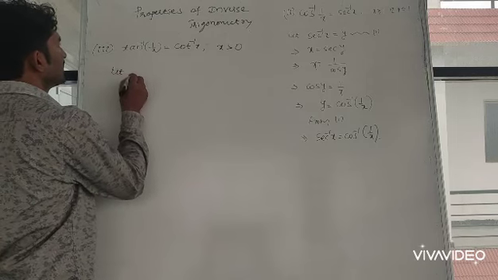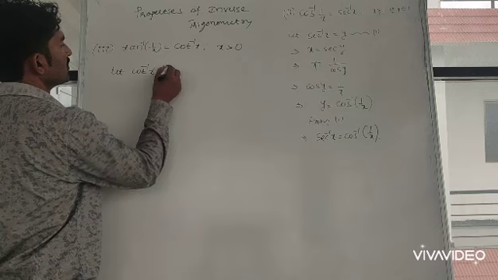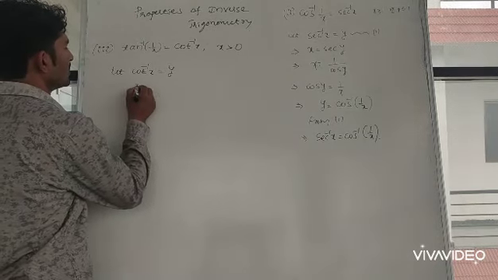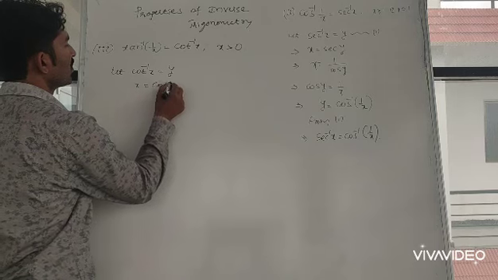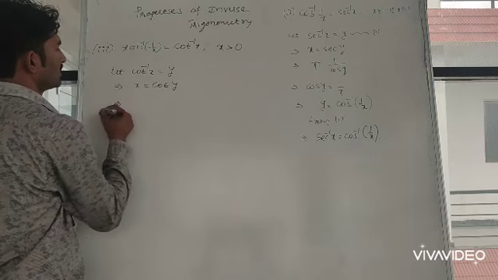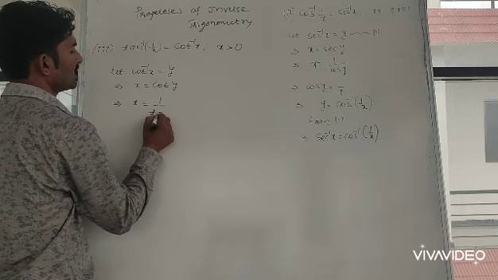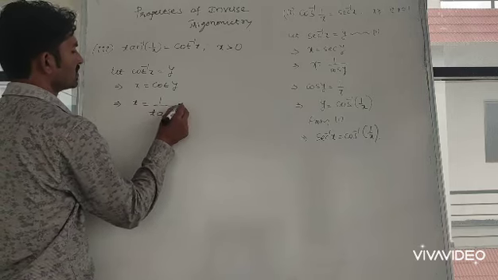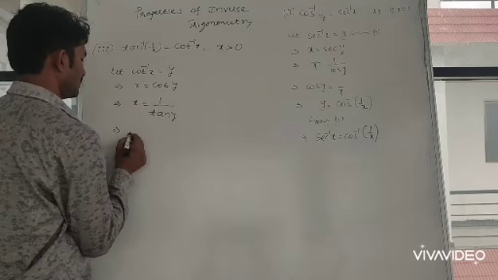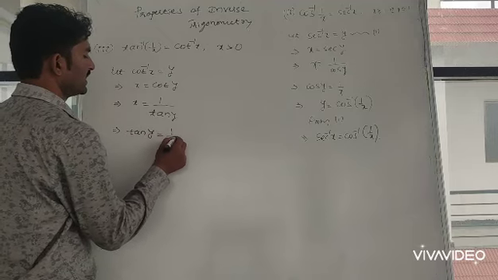Now again the same. Let us consider the right hand side. That is, cot inverse of x is equal to y. Simplify it: x is equal to cot y. Then cot y is nothing but 1 by tan y. Tan y is equal to 1 by x.